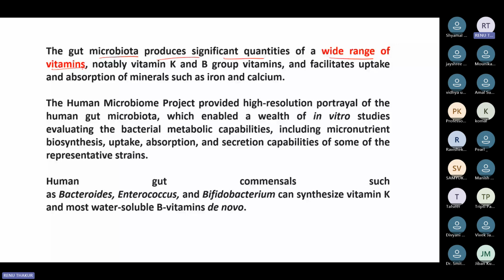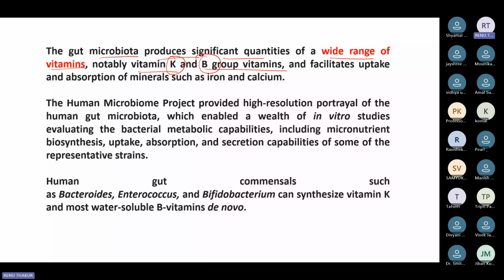So if you are asked a question about which vitamin gut microbiota synthesizes in majority, it is vitamin K and the vitamin B group. Apart from these, all the other vitamins are in minor quantity.